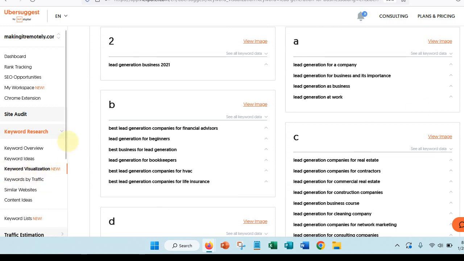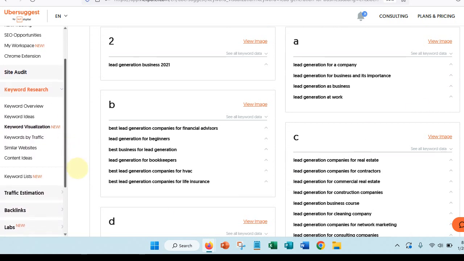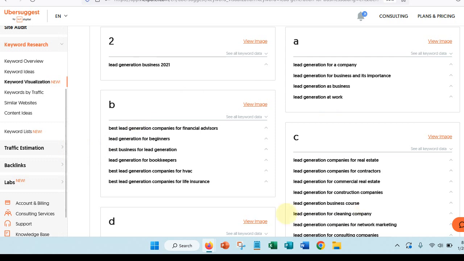Let's see, similar websites. You definitely want to check out similar websites and content ideas. They have keyword lists, and this is a great keyword list right here. There is a backlink tool. Backlinks are what you really strive for when you have a blog or a platform.